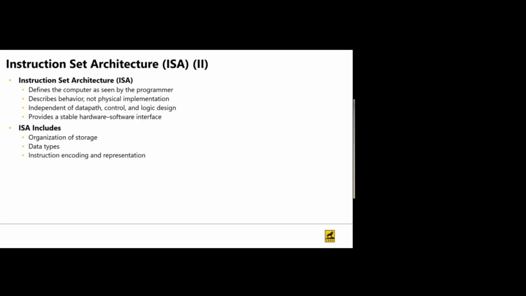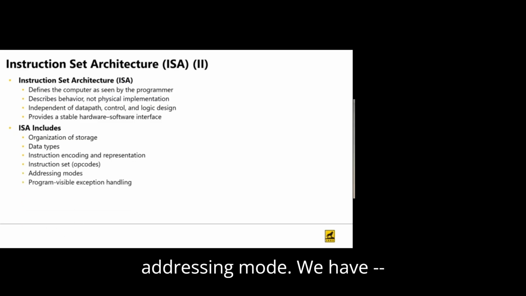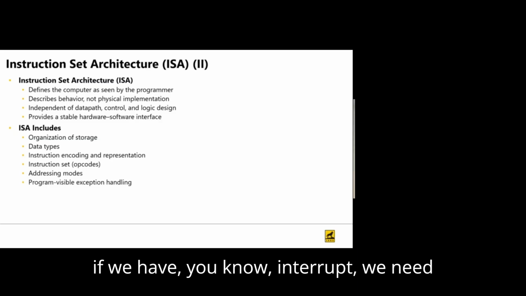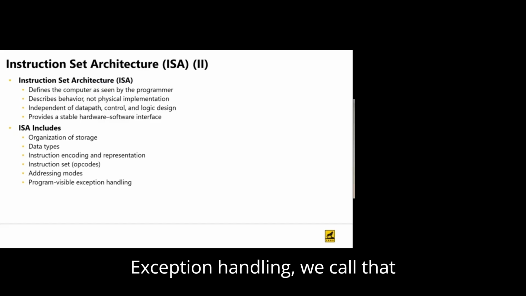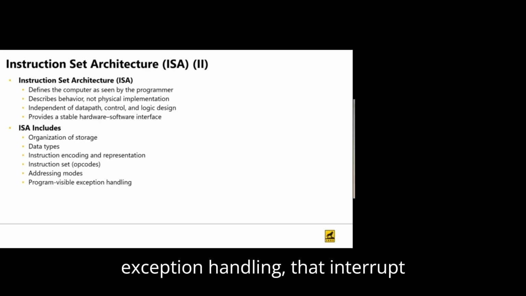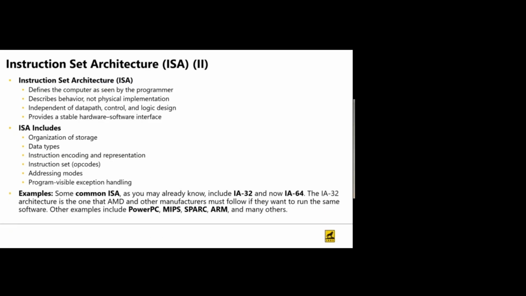We have instruction encoding. We have instruction sets. We have addressing mode. If we have interrupt, we need to have that also as part of ISA. Exception handling, we call that exception handling. When interrupt is happening, how the system works.